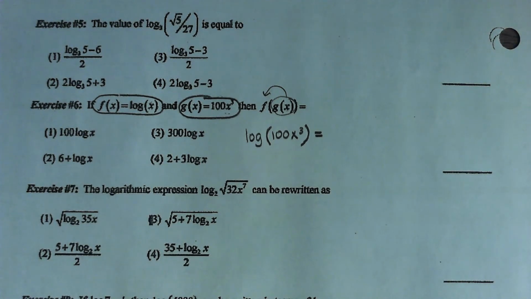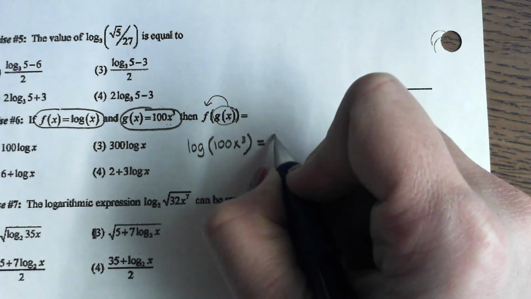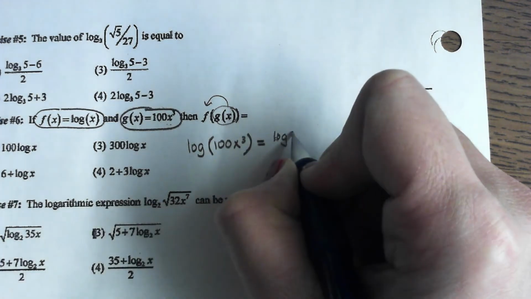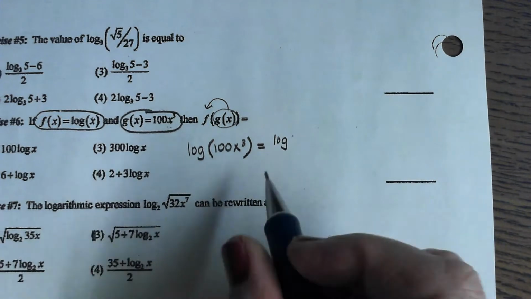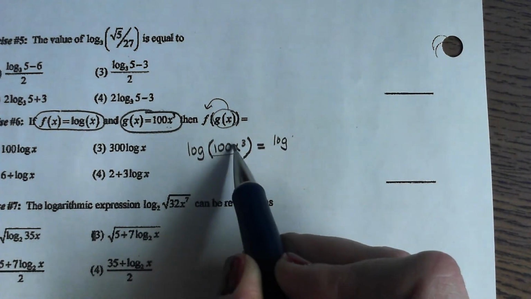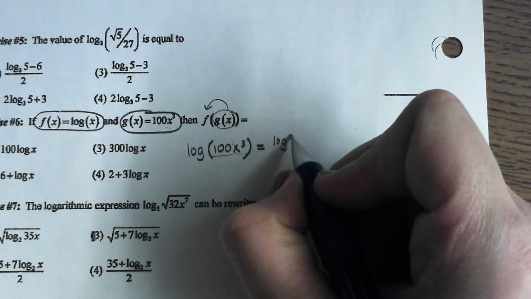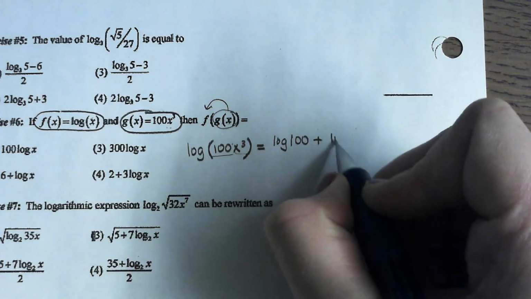Multiplication, division, or exponent? What do you think, Haley? Multiplication. So what does it split into? Log of... What are the two things being multiplied? 100 times x cubed. Okay, so log of 100 plus log of x cubed.